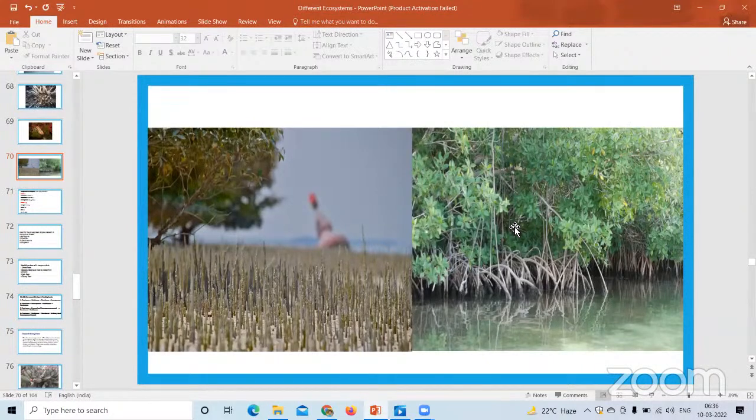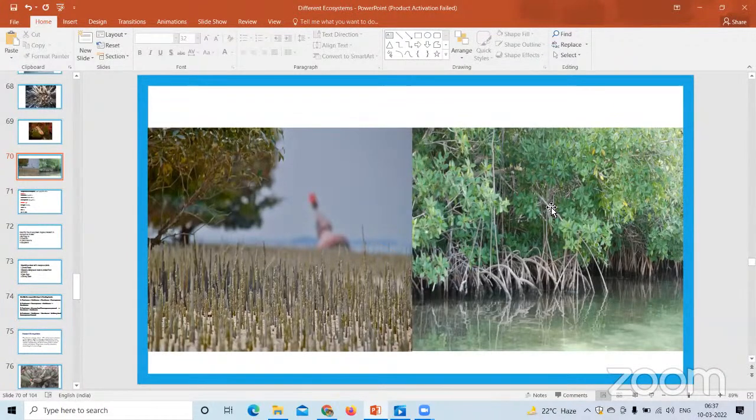They have roots in the soil, aerial roots, and one more type of roots. These roots you are observing, the roots which are hanging from the branches, are called stilt roots. These stilt roots give support to the mangrove plants in the water.